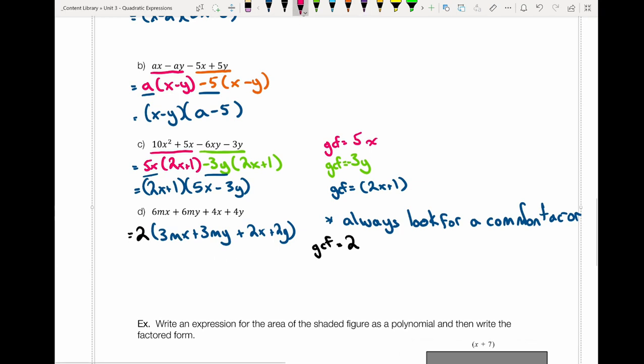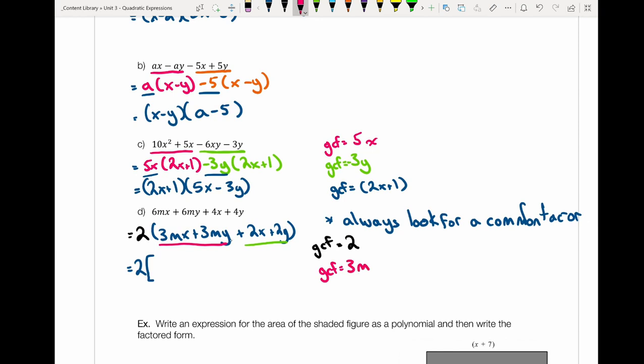And what we will try to start to see is if I look at each two parts individually, the 2 is going to stay there. If I look at the 3mx plus 3my, there is a common factor there. The greatest common factor for this part, or what's common between these two terms, is 3m.